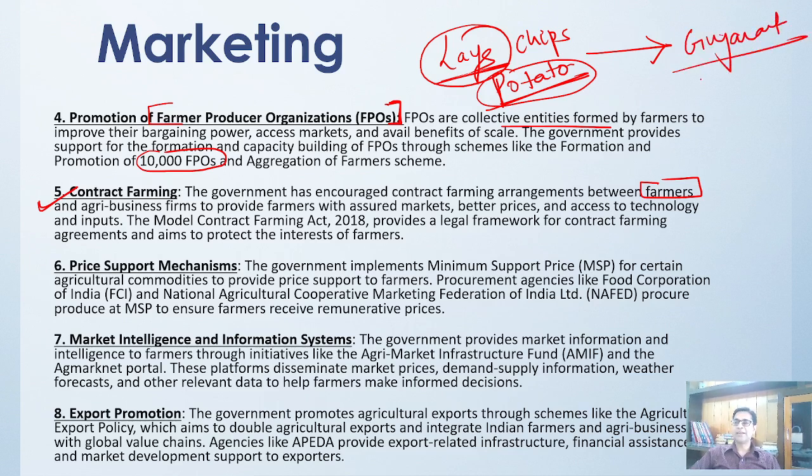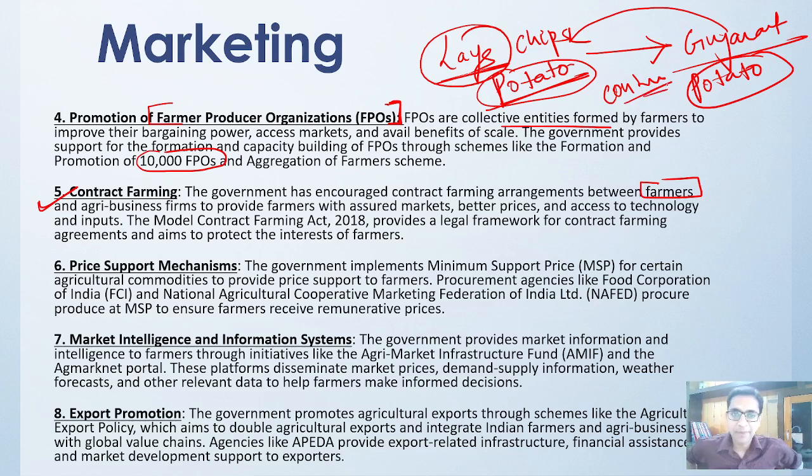They will be growing a certain category of potato, and all that potato will be sold to the PepsiCo and Lay's factory. So this is a kind of contract farming, right? The government wants to increase contract farming so that there is a direct link between the farmers and the agri business consortium, the way it is going on in Gujarat. And we have to provide them with the technologies and everything. A Model Contract Farming Act is also being passed, providing the legal framework for this whole process.